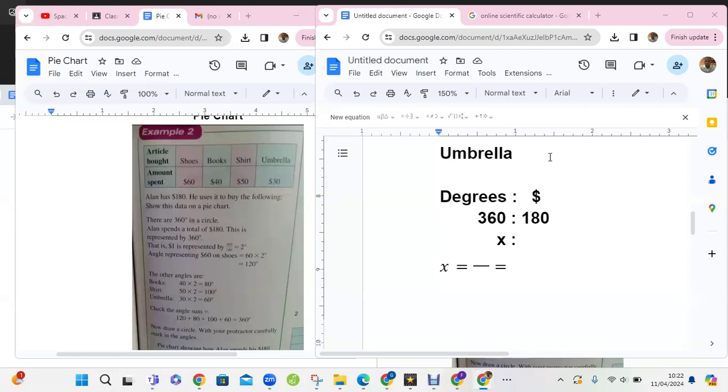Again, we're going to apply the four steps of ratio: labeling ratio, degrees to dollars; complete ratio, 360 to 180; incomplete ratio, a letter on the degrees, that's what we are finding, and $30; and then we cross multiply and divide. We must divide by 180, and we cross multiply 30 times 360.